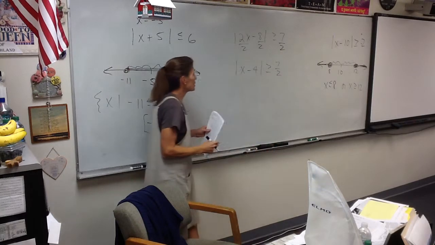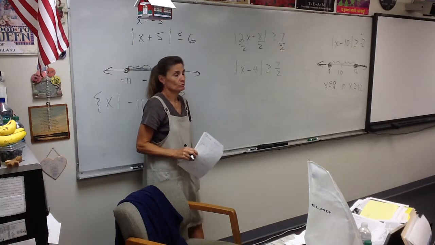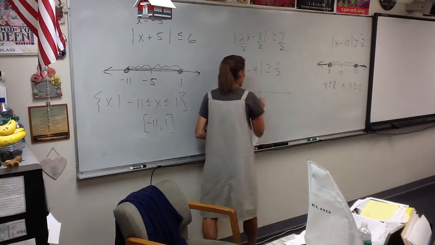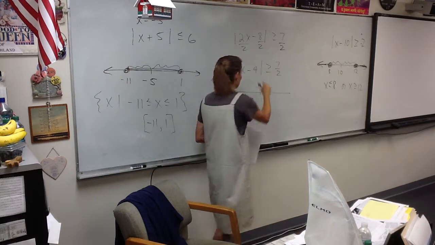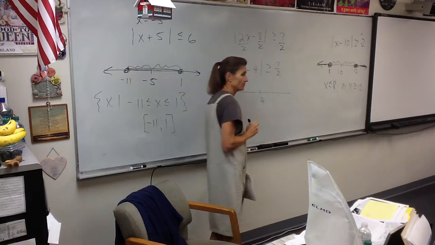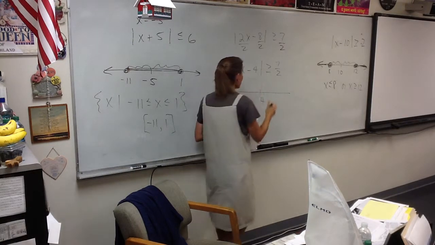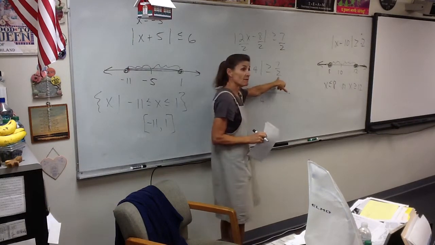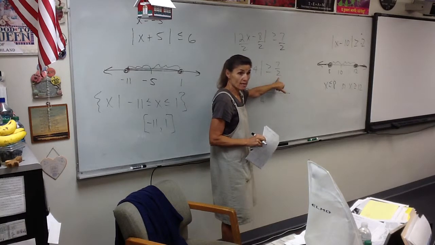Okay, so I have divided everything by 2. So now I'm going to draw my number line, and what number am I going to start with right in the middle of the number line? 4. This is my starting point. And then I'm going to count back and forth 7/2, which is 3.5.